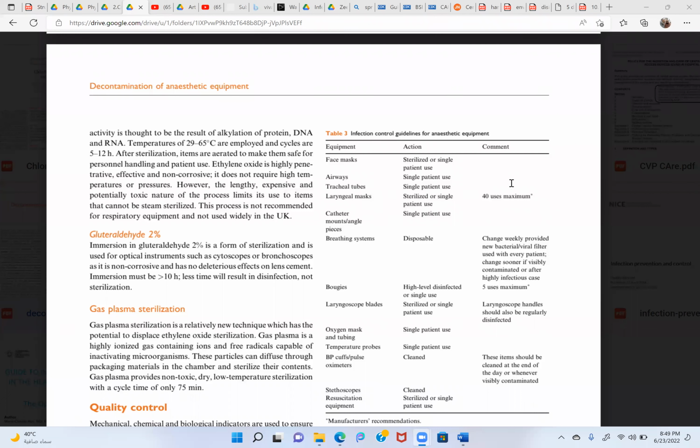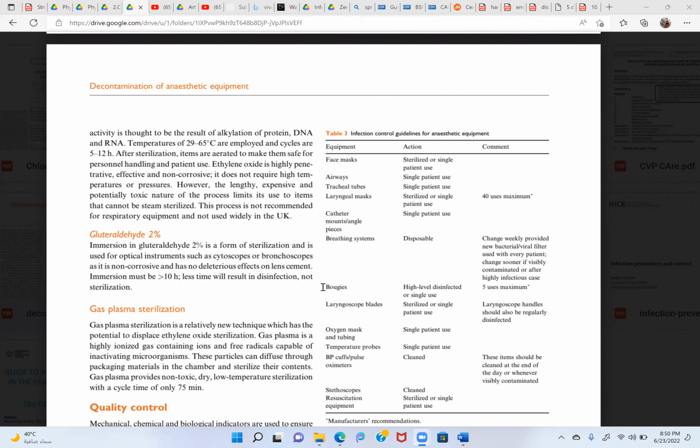They used to ask about other equipment like the LMA, that it can be reused 39 or 48 times before being thrown away. Once upon a time there used to be LMAs like that. The breathing circuit again is disposable.